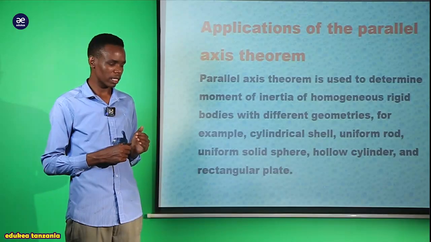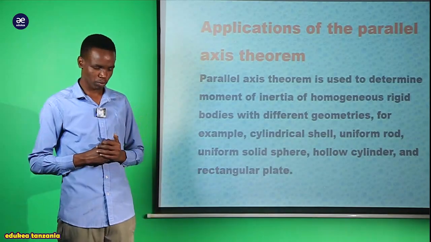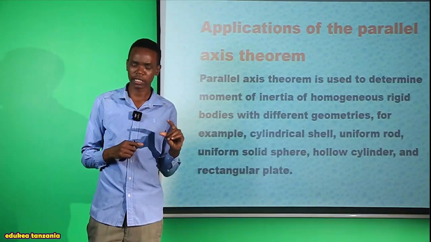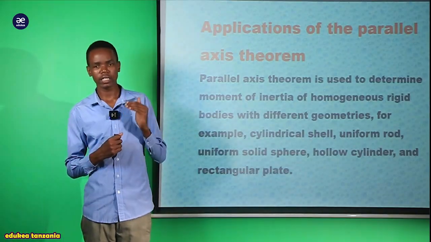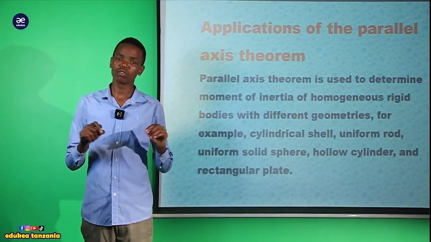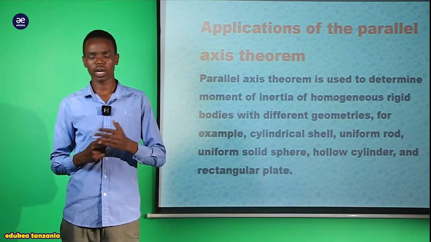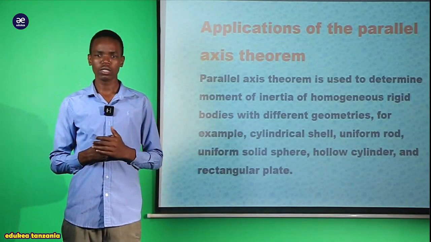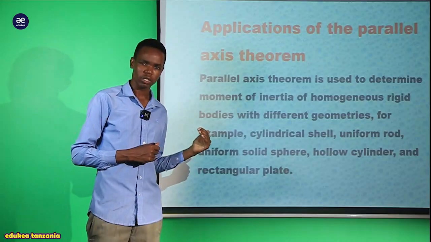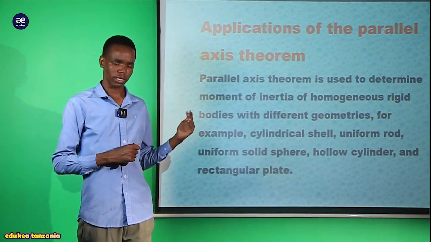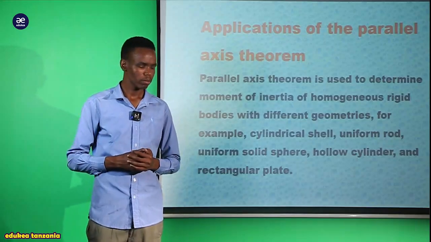We are going to see how we can take this parallel axis theorem and apply it either for the cylinder, or for the uniform rod, or for the sphere. That is what we are going to demonstrate. So don't miss it. Let us continue following so that you can learn more about this concept.